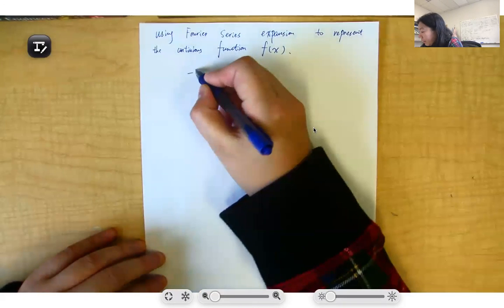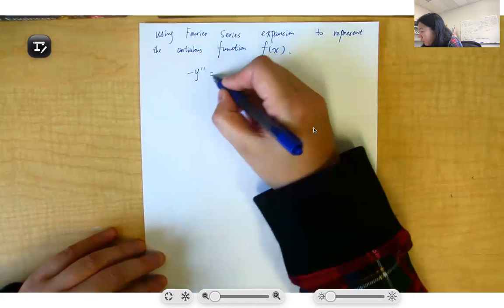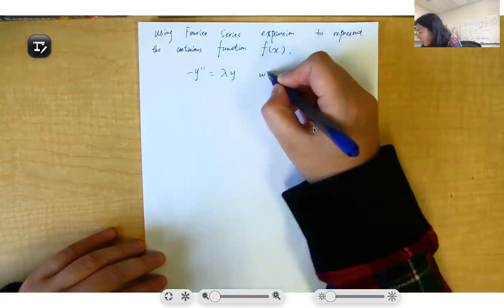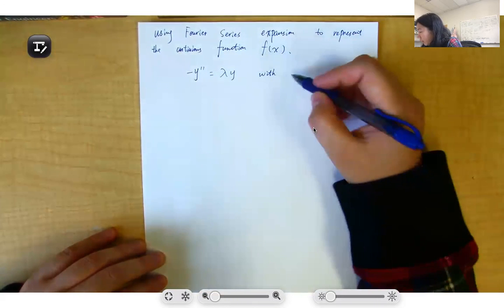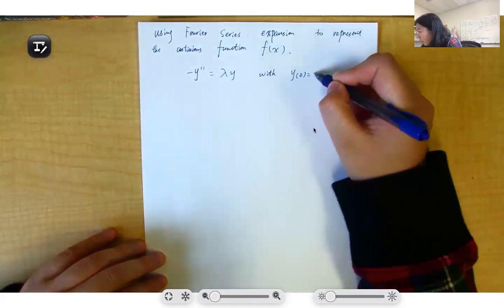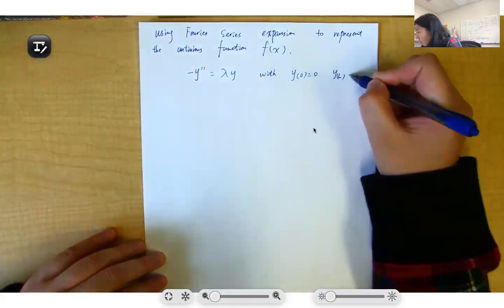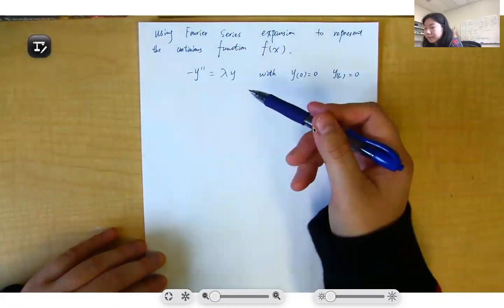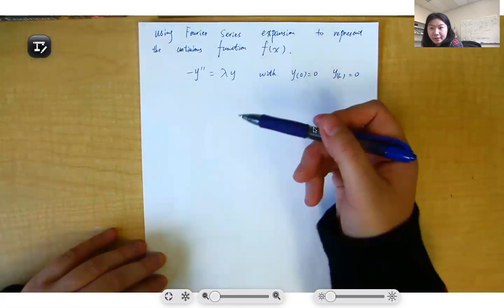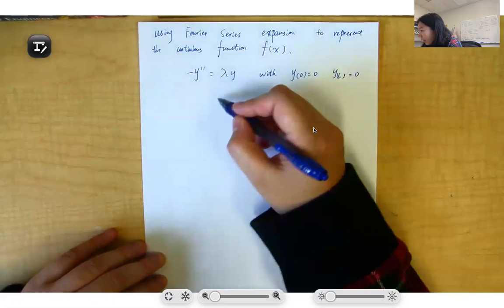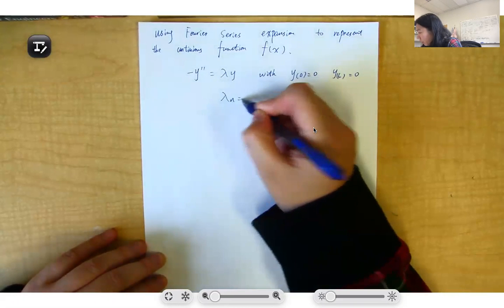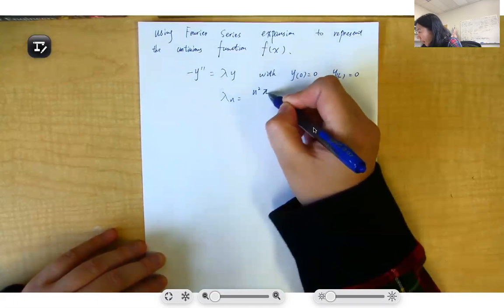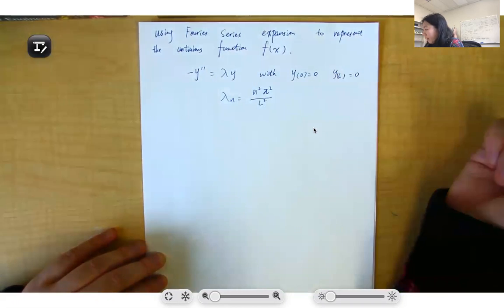We have minus y double prime equals lambda y with homogeneous boundary conditions, which is y(0) equals 0, y(L) equals 0. And we solve this problem first to get the eigenvalues and the eigenvectors. So we get our eigenvalues equal to n squared pi squared over L squared.